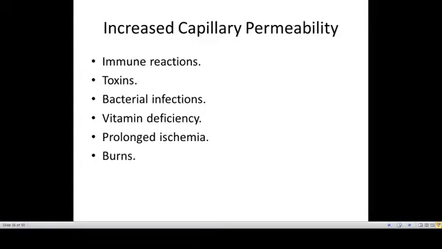The third factor is increased capillary permeability. This may occur due to immune reactions, toxins, bacterial infections, vitamin deficiency, prolonged ischemia, and burns.